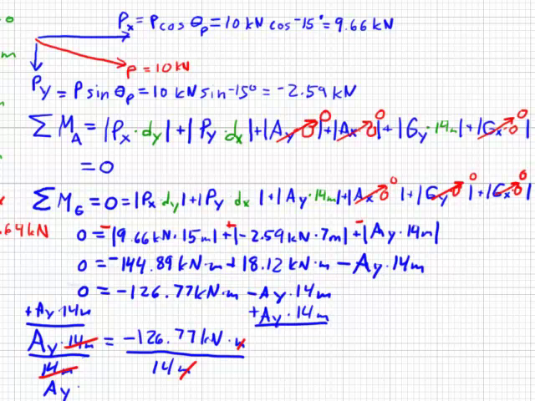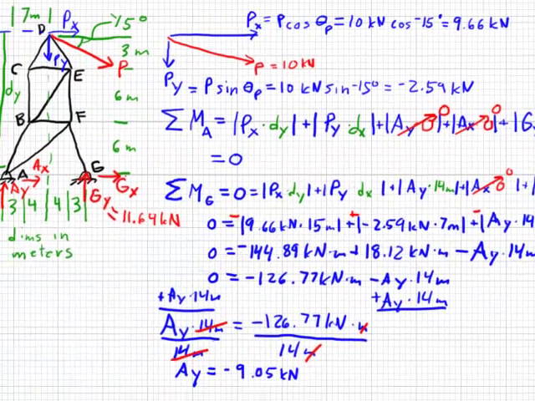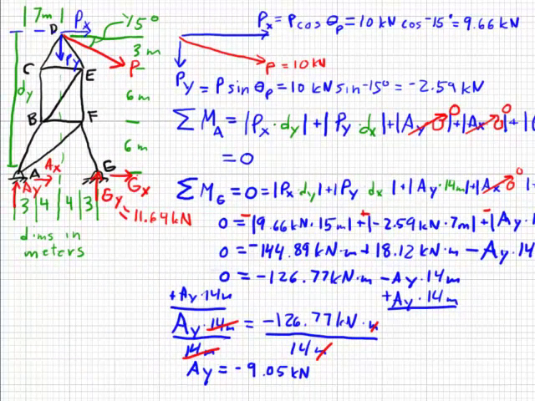And Ay is negative 9.05 kilonewtons. So although I assumed Ay was going positive, it ends up actually going negative.